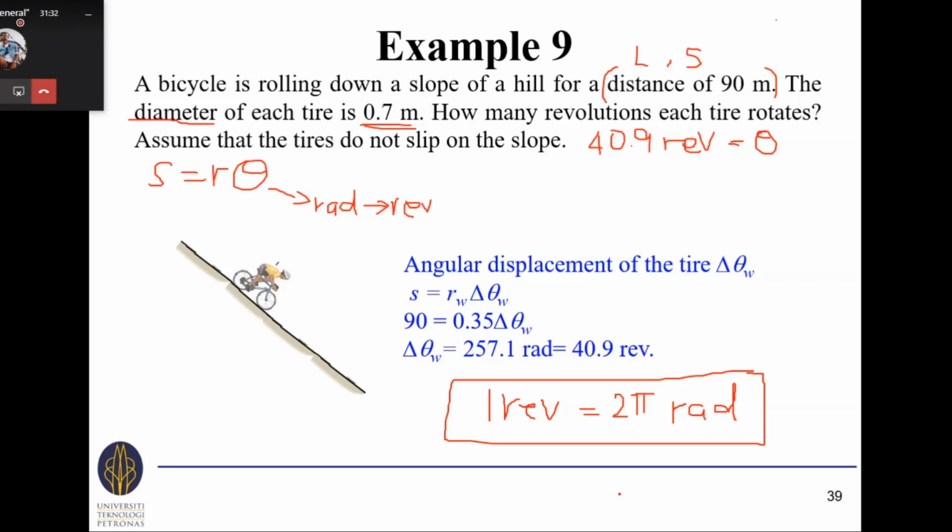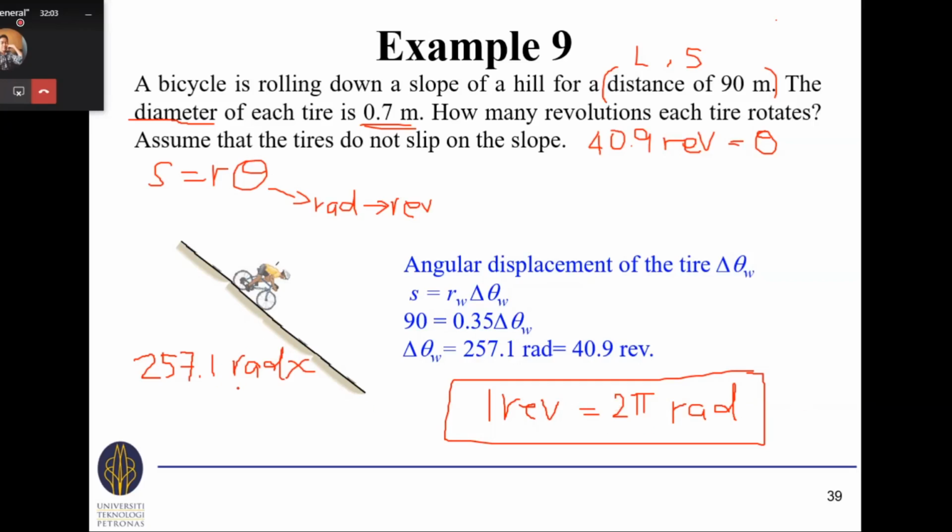Can you explain how to change from radian to revolution? Okay, take 257.1 radian and divide by 2 pi, and then you get revolution. For example here, I write it down for you as well. 257.1 radian, and you know that one revolution equals 2 pi rad.